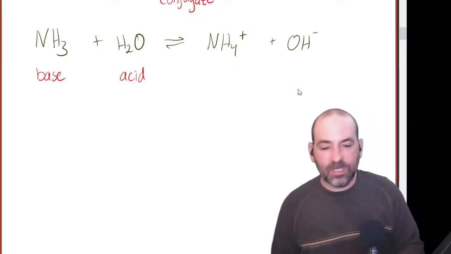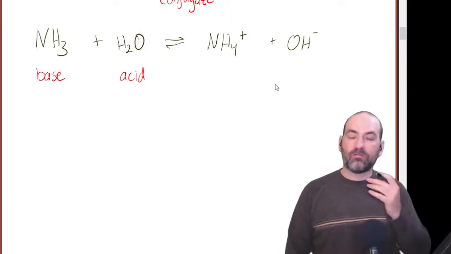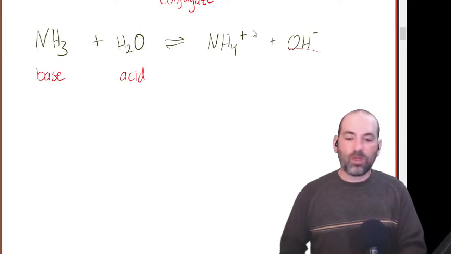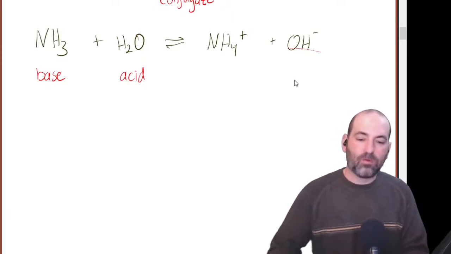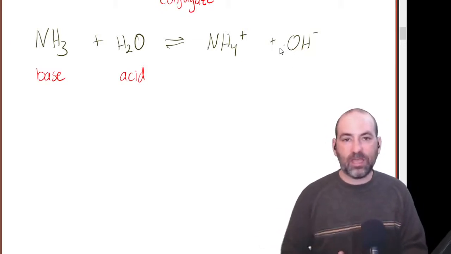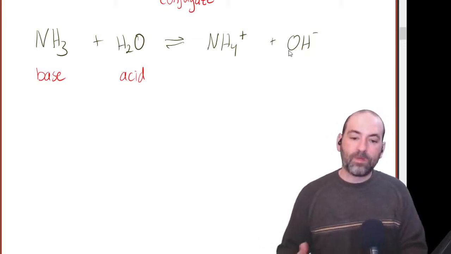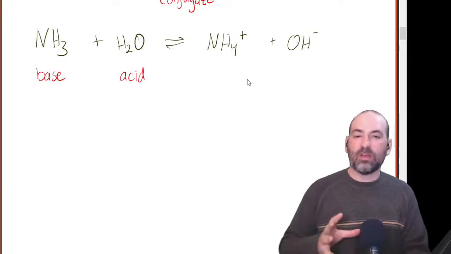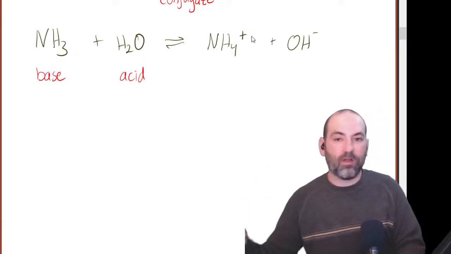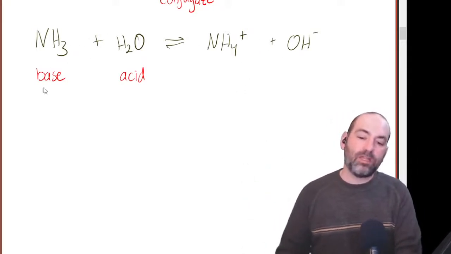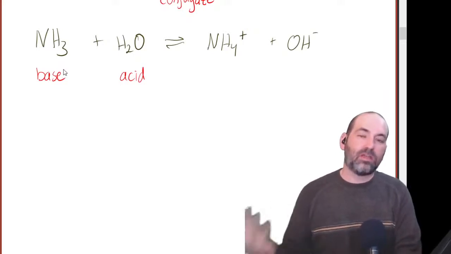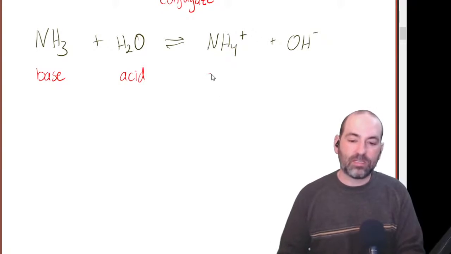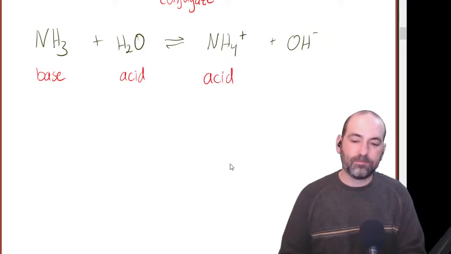If we look at the other side, we now have a couple different ways we can figure this out. We can just look straight at this side and decide which thing is losing a hydrogen, which thing is gaining a hydrogen. Or we can say which are the conjugates of the things we've already decided over on the left. So we might say, well, NH3 is the base. So when it gets a hydrogen, it becomes its conjugate acid, NH4 plus.